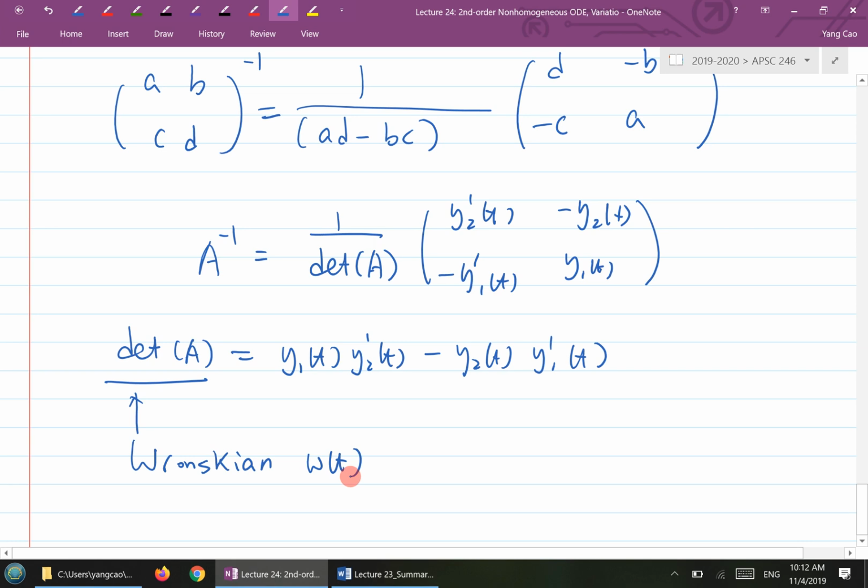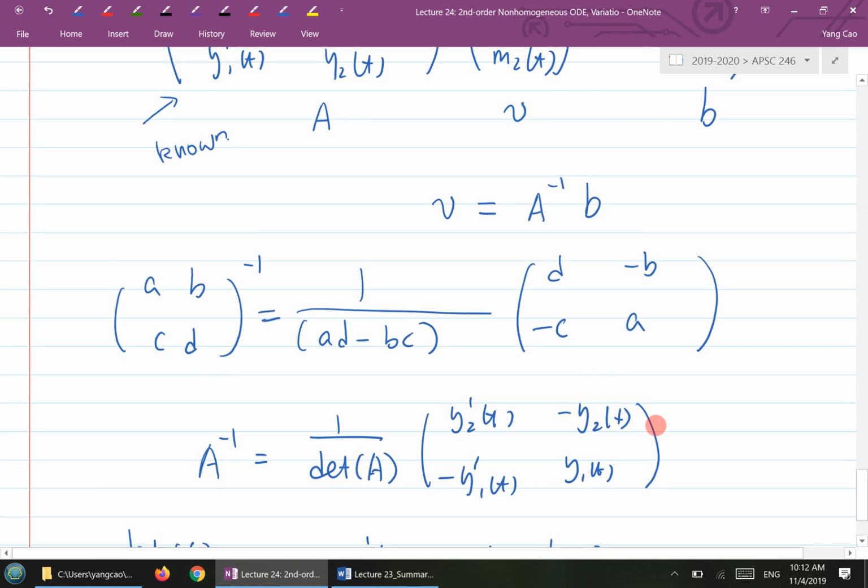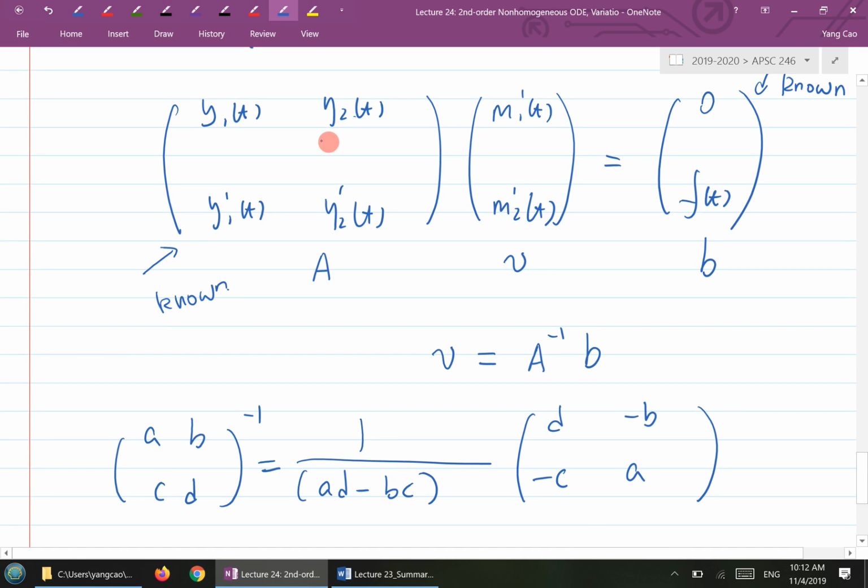When you have two functions, y1, y2, how do I know whether they're dependent or independent? One approach is to form a matrix like this and look at the determinant. If the determinant equals 0, then the two functions y1, y2 are linearly dependent. If the determinant is not 0, then they are linearly independent.